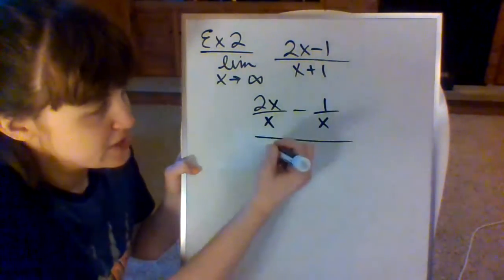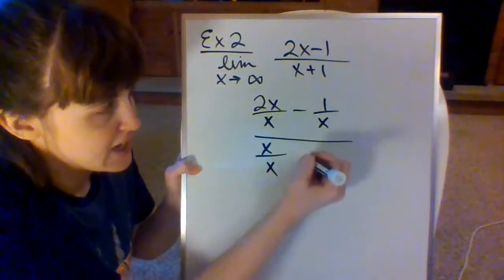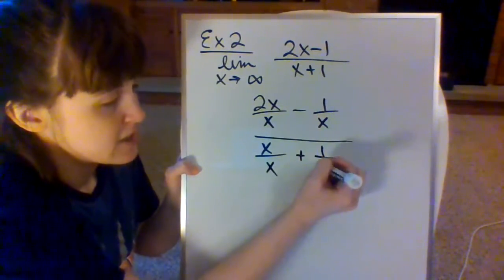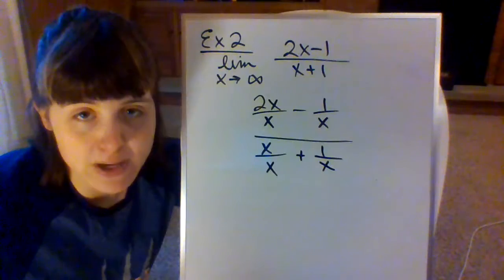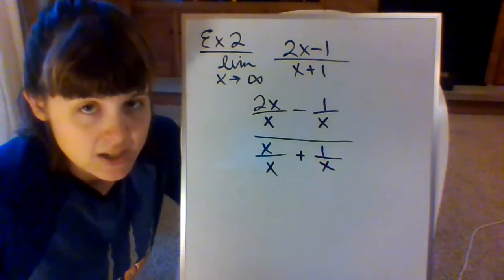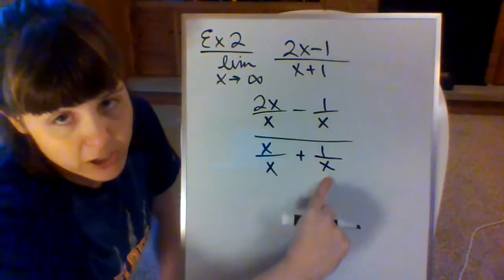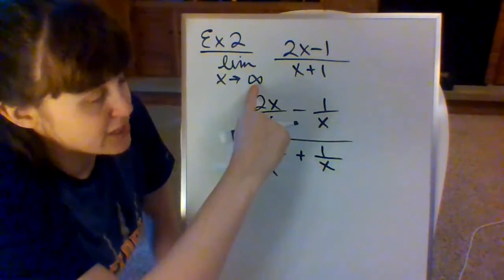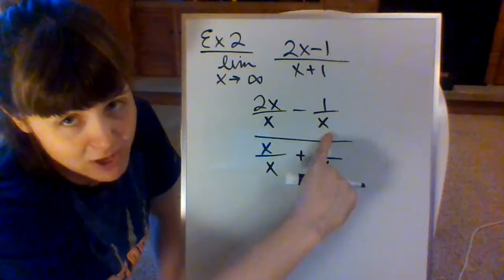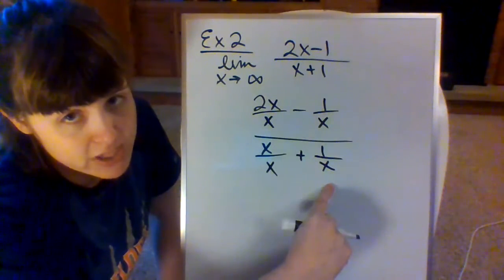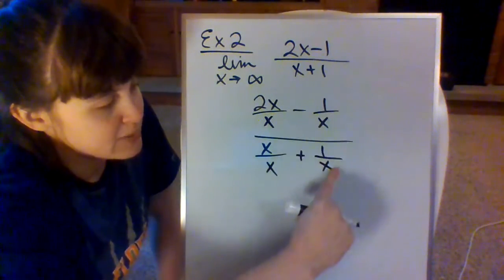Once you watch me do this, you might remember doing this in class a while back, where you divide every single term by the highest power of x. When you do that, these parts become 0, because when you plug in infinity on the bottom of the fraction, those parts become 0.